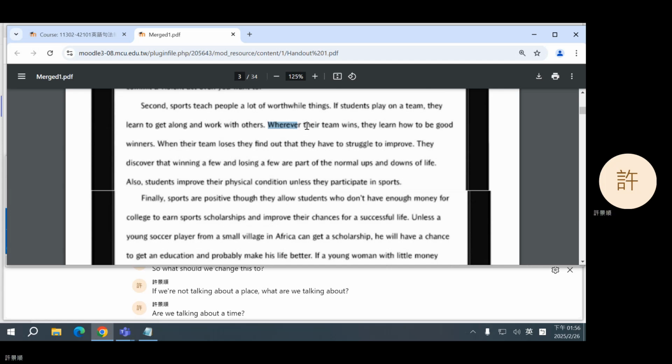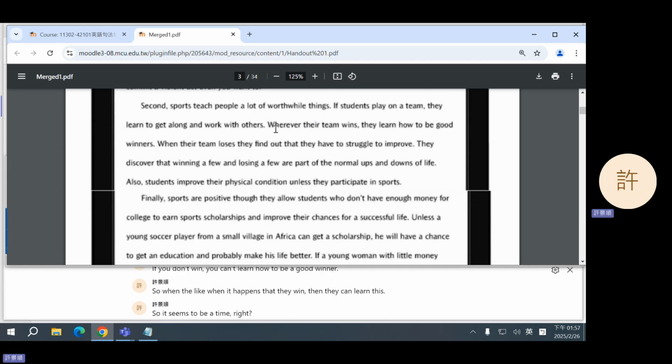Are we talking about a time? So like their team wins, they learn how to be good winners. It seems like we're talking about a time. If you don't win, you can't learn how to be a good winner. So when it happens that they win, then they can learn this. So it seems to be a time, right?